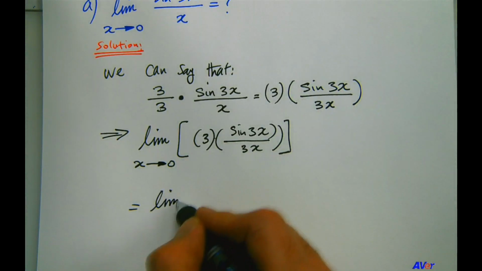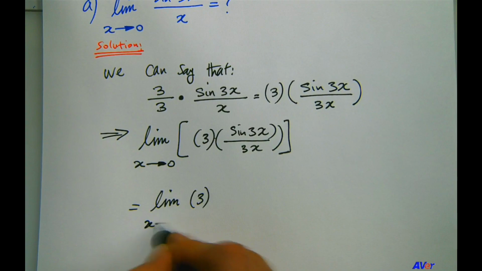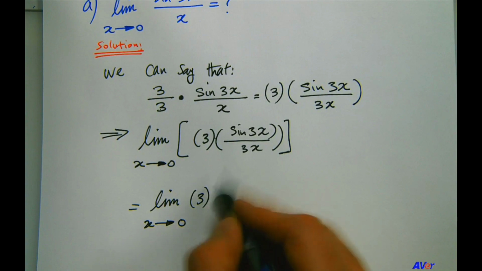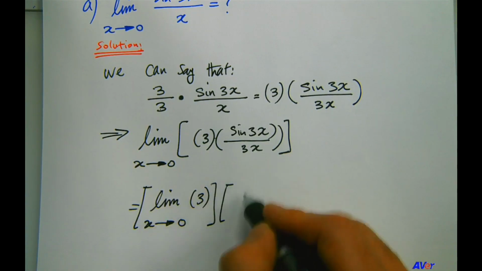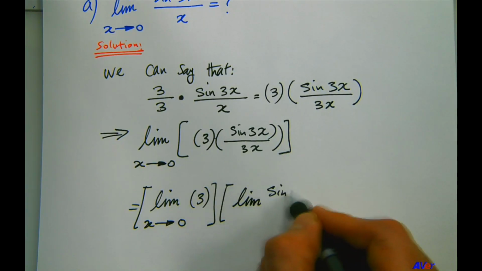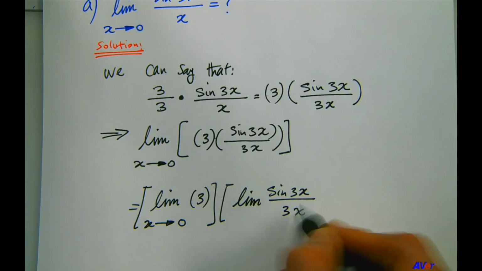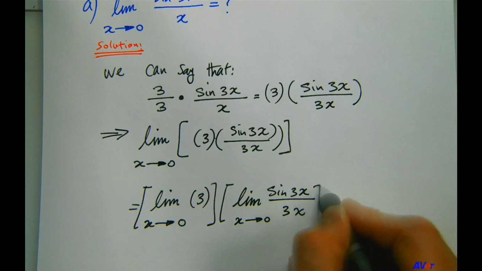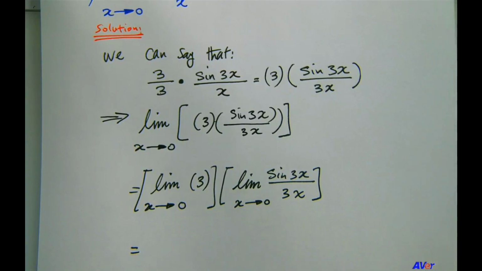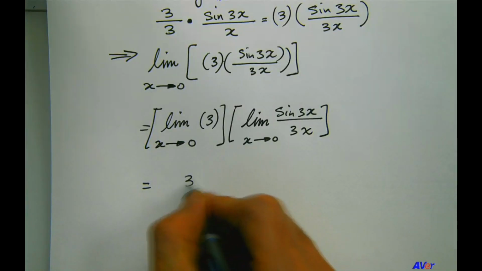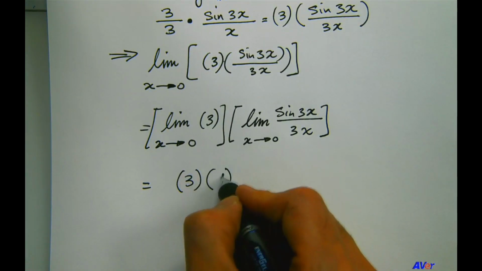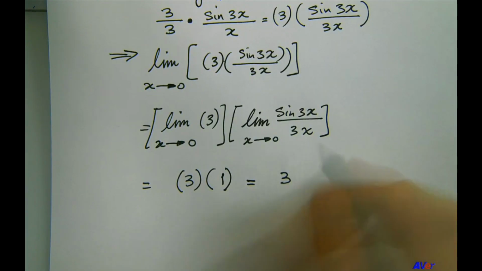But let's apply the properties anyway. And so all of this times the limit of the second piece. So the first term reduces to 3. The second one, we know that it reduces to 1 according to the identity we have. So that is equal to 3.